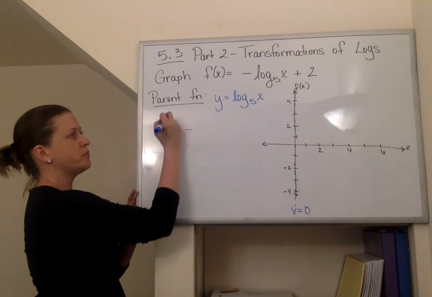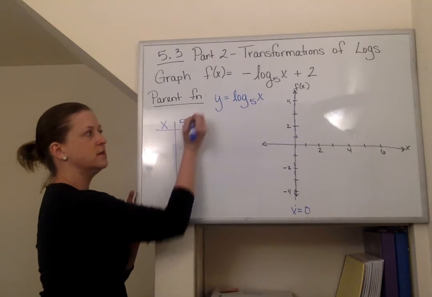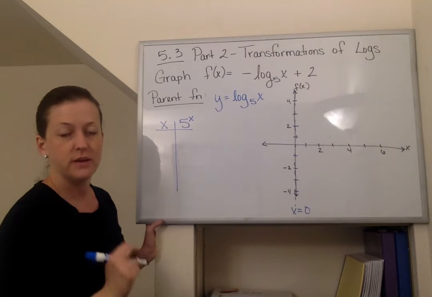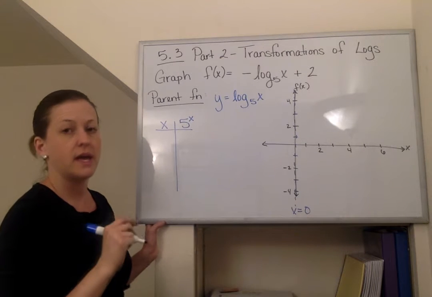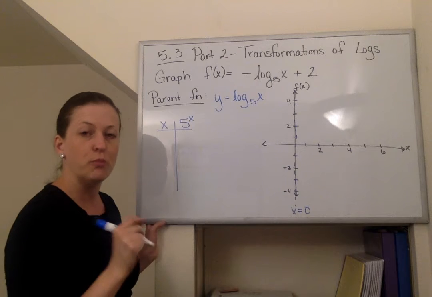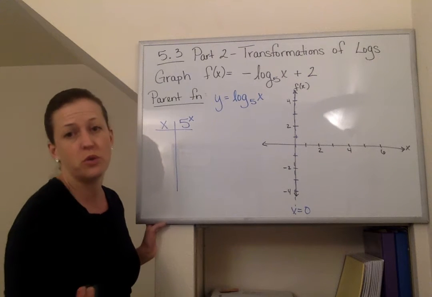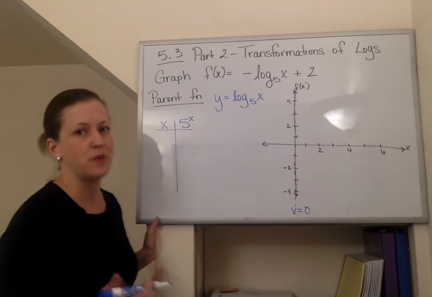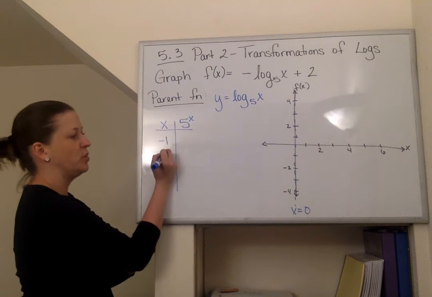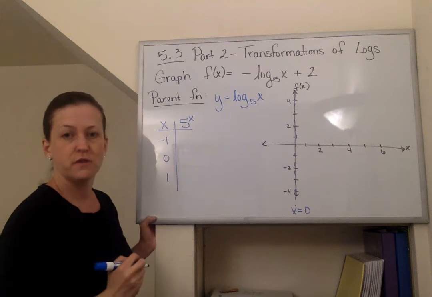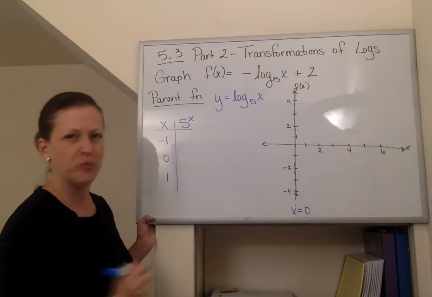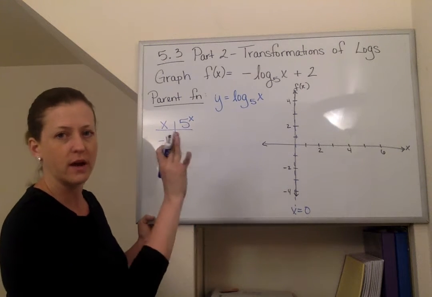So the inverse of the log base 5 is 5 to the x. And it's easier to do points for exponents than it is for logs because you're more familiar with exponents than you are with logs. So if I make a table for 5 to the x, you're like, but Robin, that's not the function. I know, hang on.